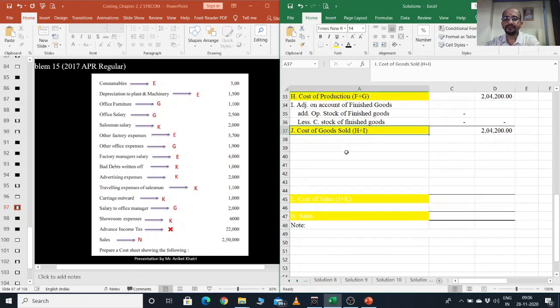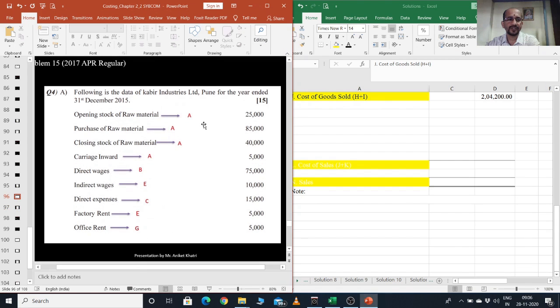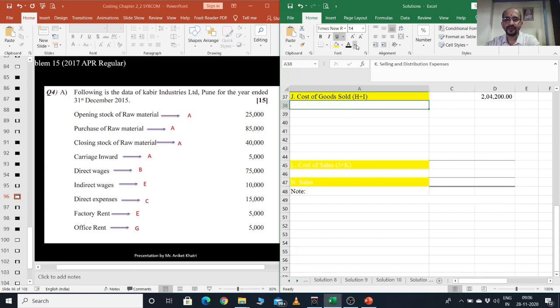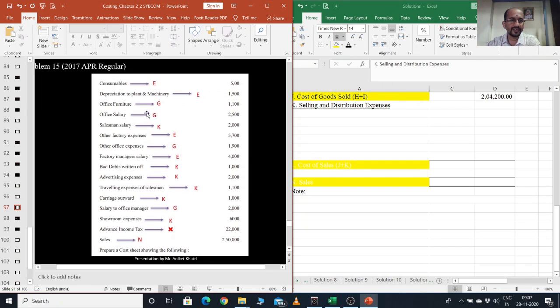Okay, now next item, that is selling and distribution, right? Selling and distribution expenses. So here in problem we need to find whether any key item is there or not. So on first page I don't find any item, so let us move to the second page.